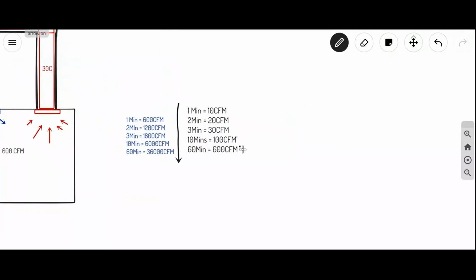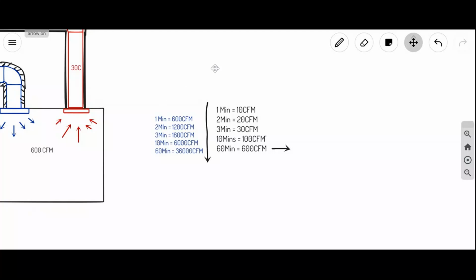Now in 60 minutes, this 600 CFM is replaced with 600 CFM, right? How much CFM was there before? It was 600 CFM here. By adding 10-10 CFM every minute, it has been replaced with 600 CFM, hasn't it? 600 CFM is replaced with 600 CFM one time, which is 1 air change. How much time did it take? 60 minutes. 1 air change per hour. Got it?